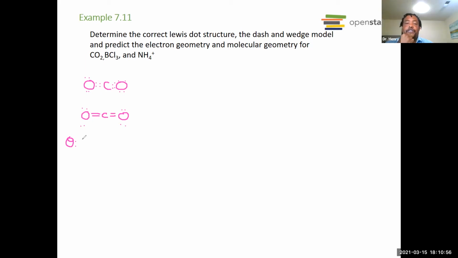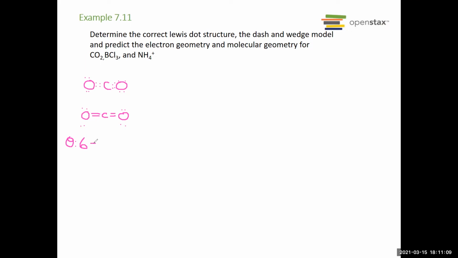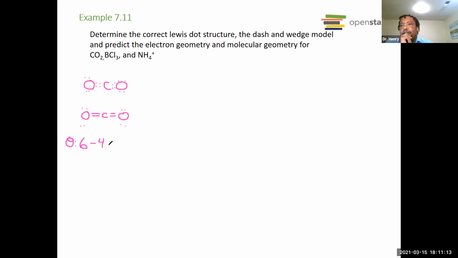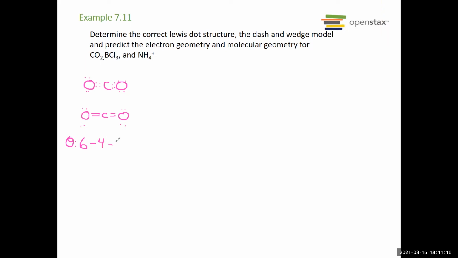What is the first thing I use for calculating the formal charge? The number of valence electrons. How many valence electrons does oxygen have? 6. Then minus the number of lone pairs, so 4. And then how many bonds? 2.